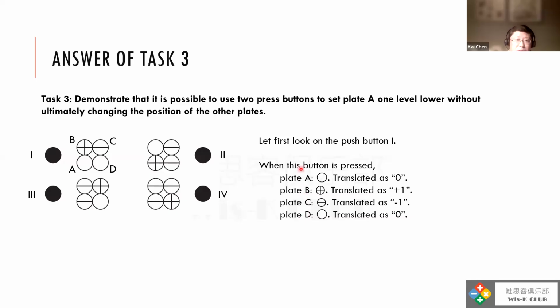So we can do the same translation, because we know from question 1 or 2, we can translate a blank circle as 0, a circle with a plus sign as plus 1, and a circle with a minus sign as minus 1, right? And how do we form it into an equation?